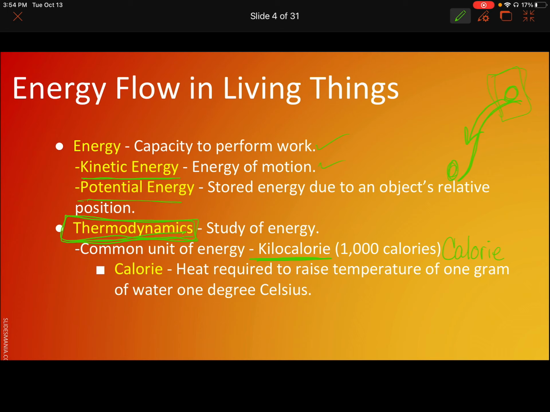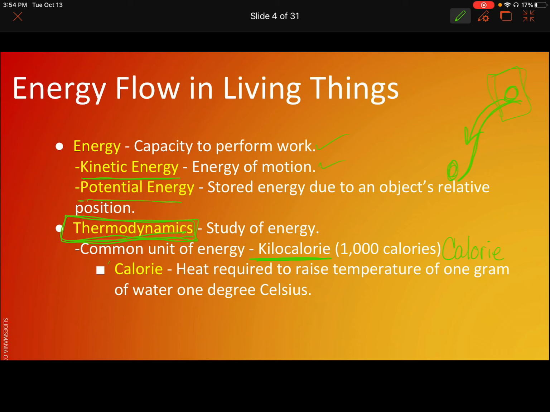It's only 100 kilocalories because in everyday language people just started calling it a calorie and it stuck. So when you're looking at your bag of chips, those are actually kilocalories.